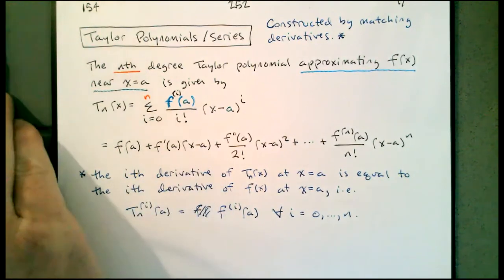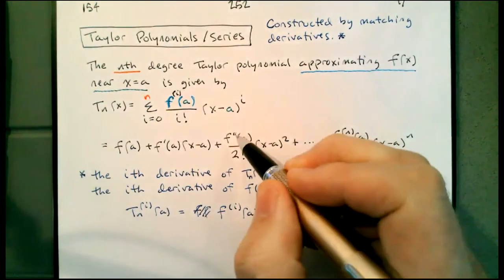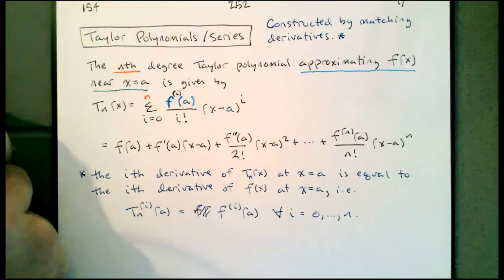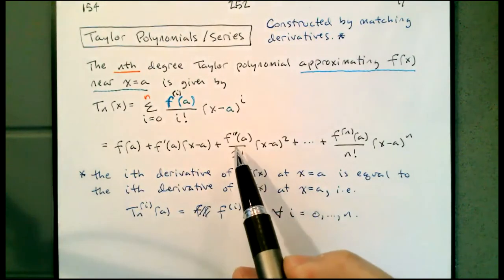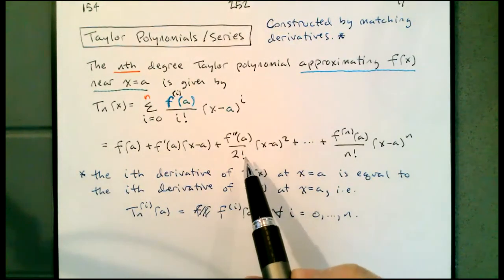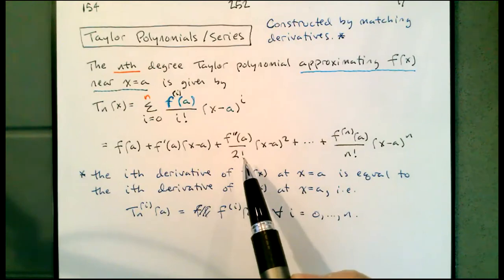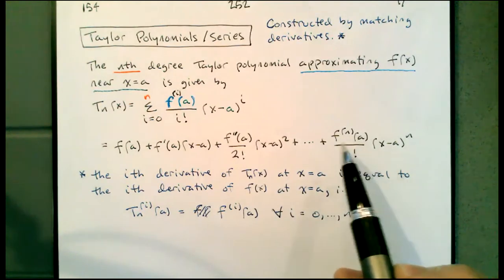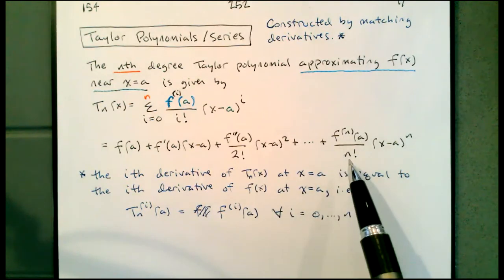So like we said yesterday, the Taylor polynomial is just a tangent line, but keep going. Then we find the second derivative of the function evaluated at a and divide by 2 factorial. And in general, we find the nth derivative evaluated at a and divide by n factorial.